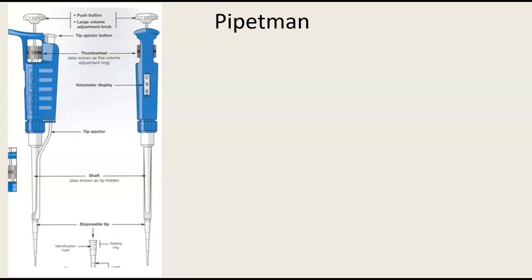There's also an ejector button. There's a thumb wheel that's used for adjusting the volume. There's a volume display. And then there's the shaft of the pipette, also known as a tip holder, and then these disposable tips that go on the bottom.